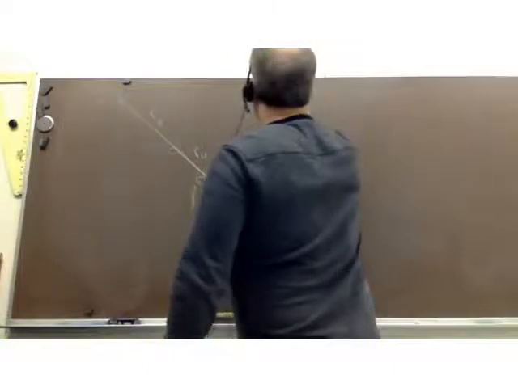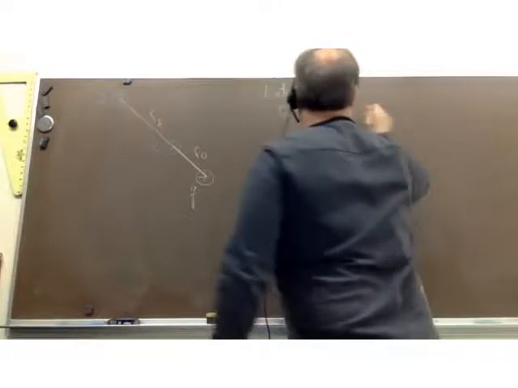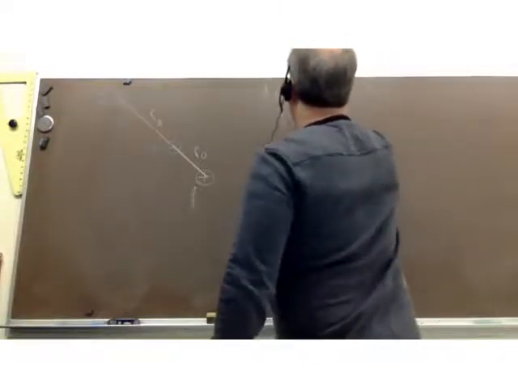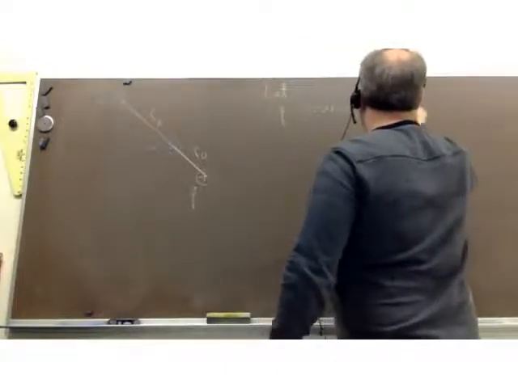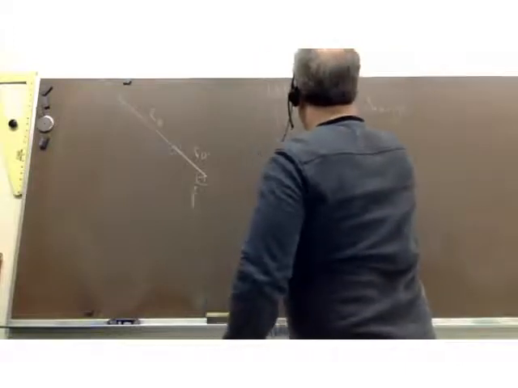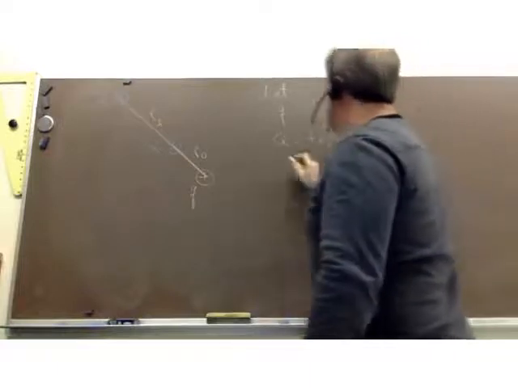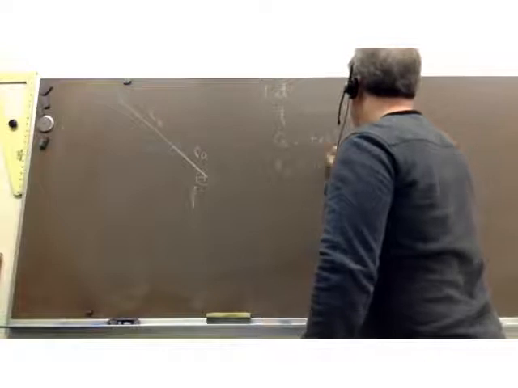So let's see, r initial equals initial distance. Well, let's do this first. So little q is our source charge. Capital Q is our test charge. R naught is the initial distance between them.